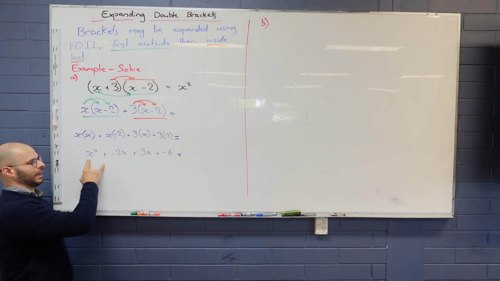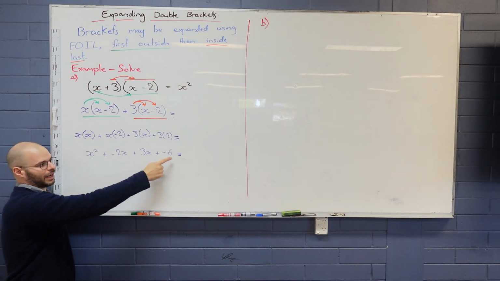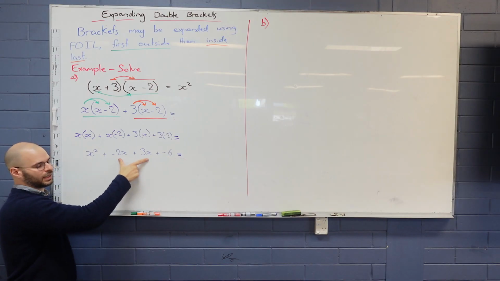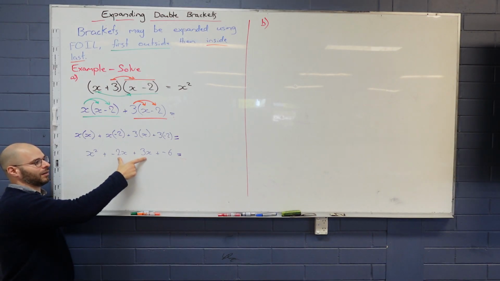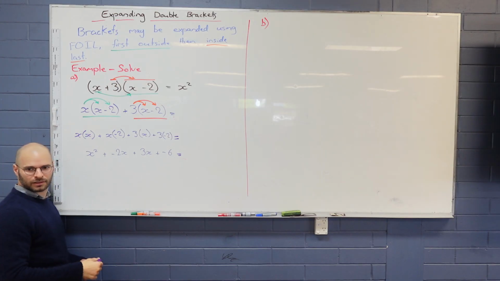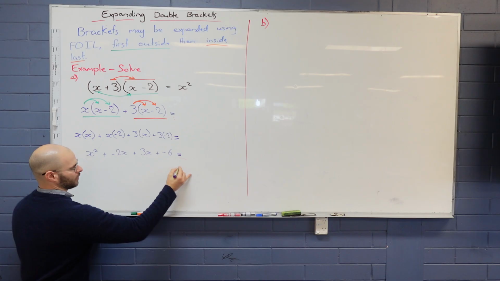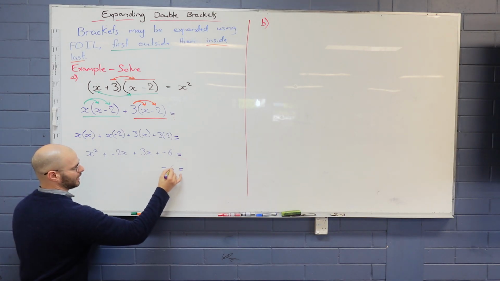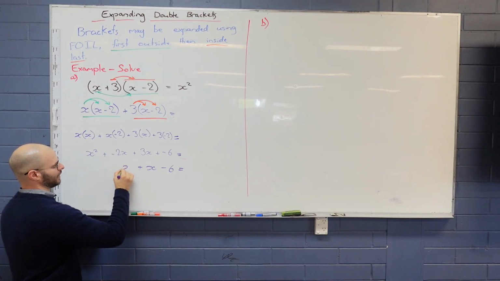Do you see how we've got an x squared, then we've got two terms that have x's, and then we have the 6 here. Because these are like terms, they have the same combination of letters, we're able to add them together. So minus 2 plus 3, anyone remember what that's going to be? 1. So it's going to turn into x squared plus x minus 6.